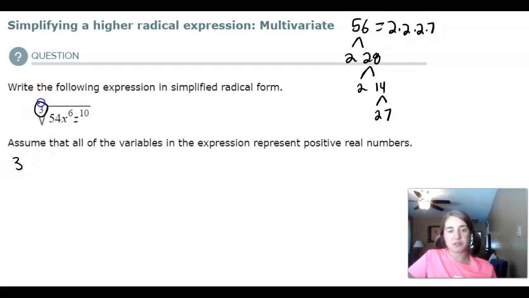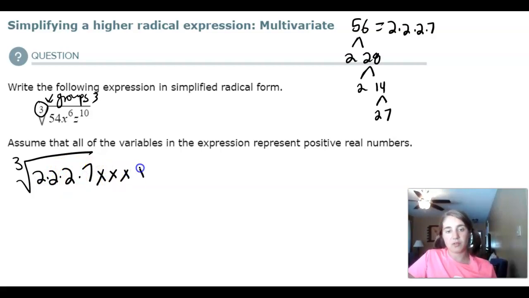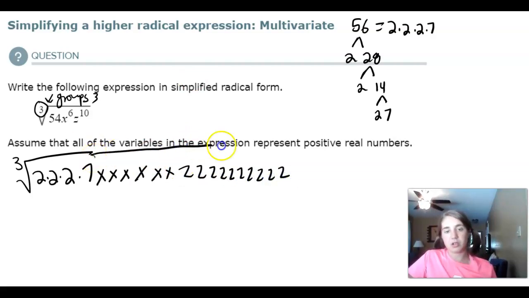It's asking me for groups of 3, so I'm going to group things by 3.